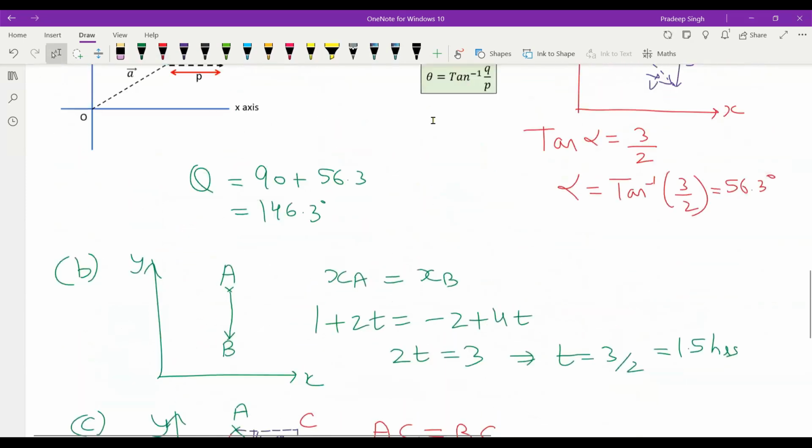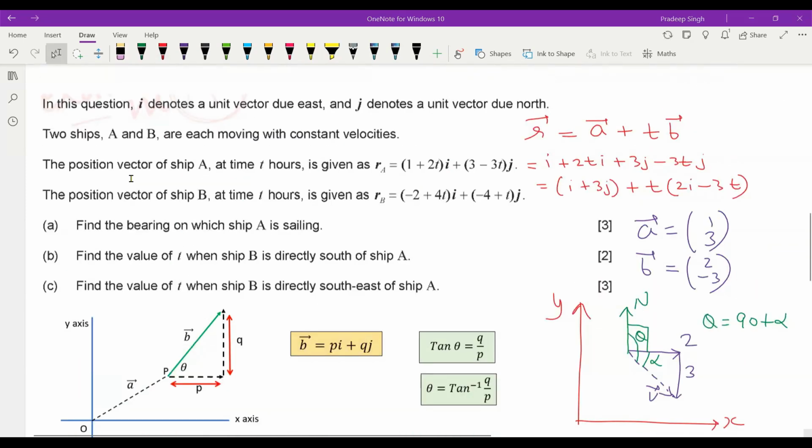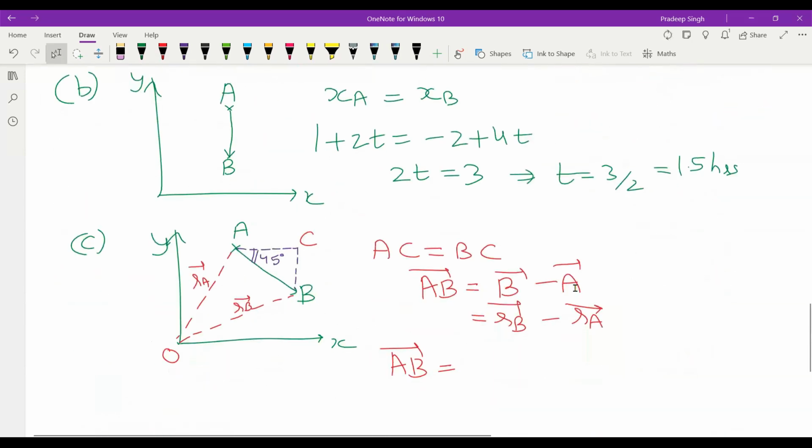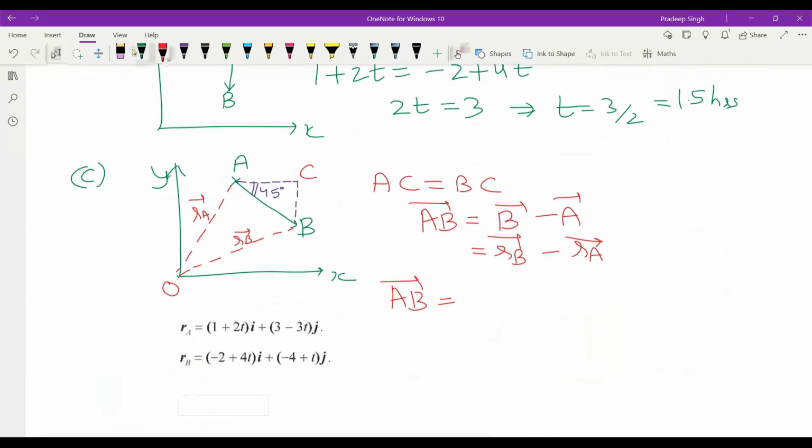So let's subtract RB and RA. Let's go back to the question to check what RB was. Let us copy this entire equation so that it is easier for us to solve. Let us write RB and RA in the column vector notation. So we'll get minus 2 plus 4t and minus 4 plus t. Minus RA will be written as 1 plus 2t as the x component and 3 minus 3t as the y component.